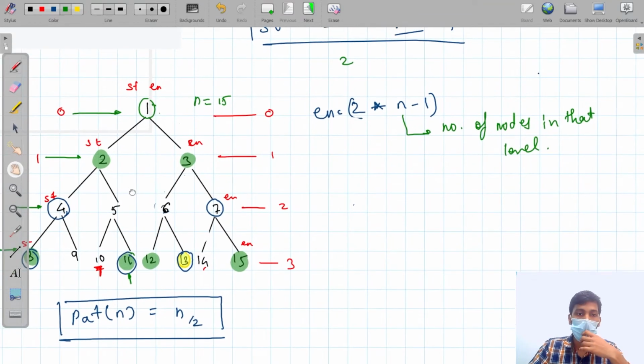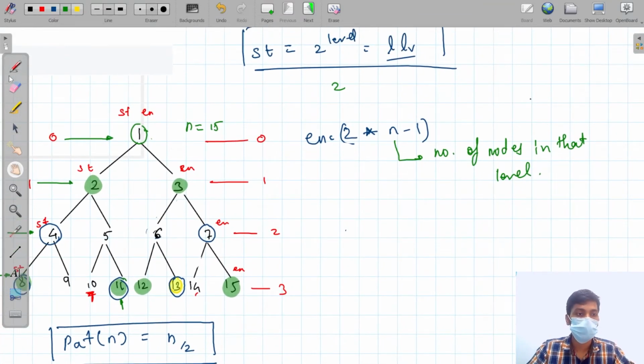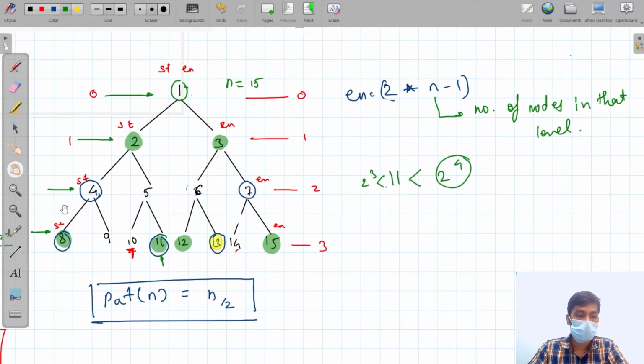I can see that this 11 is smaller than 2 raised to the power 4, but it is greater than 2 raised to the power 3. And we know that 2 raised to the power 4 in this general tree is nothing but the starting point, so obviously this 11 is not going to be included in that level.